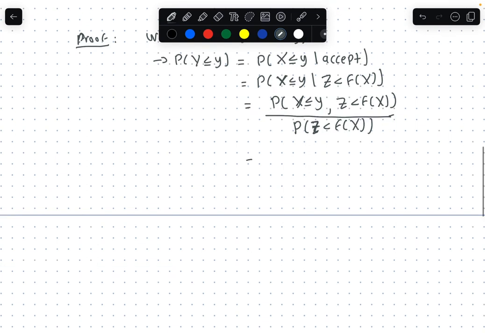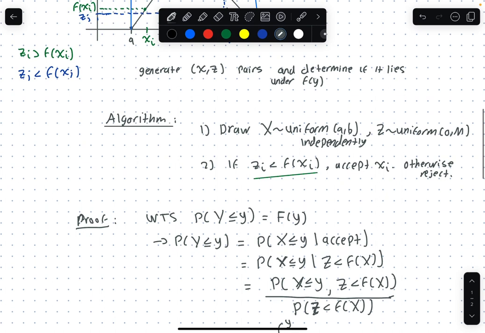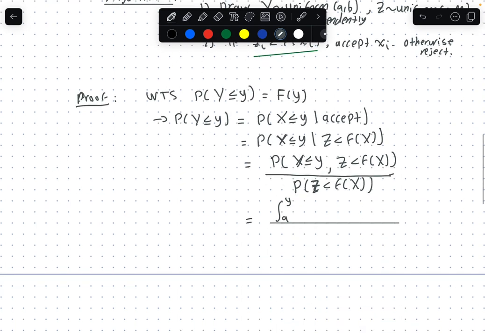So we'll just need to set up some integrals to go ahead and expand this. Our first integral for x being less than or equal to little y is going to be the integral from a to little y. Remember, x is uniformly distributed from a to b, but we would like it to be less than little y, so we'll integrate from a to little y.